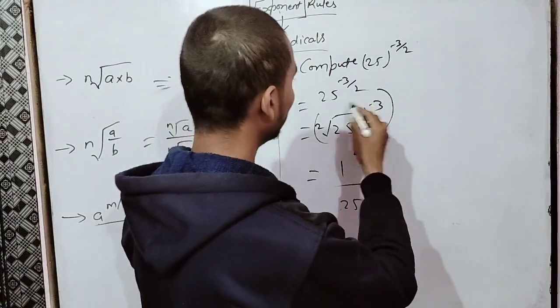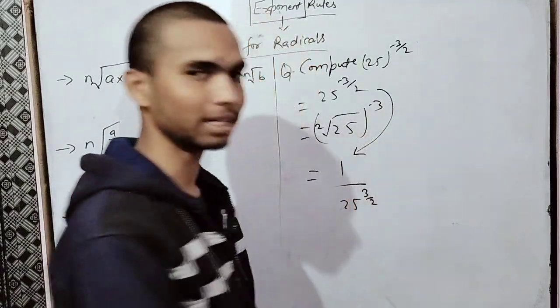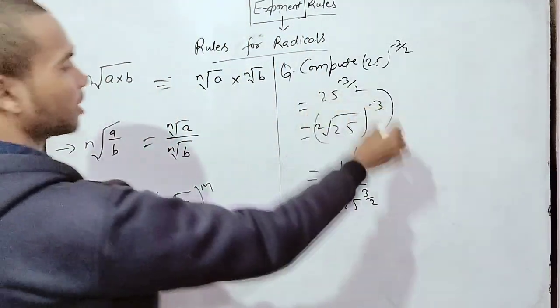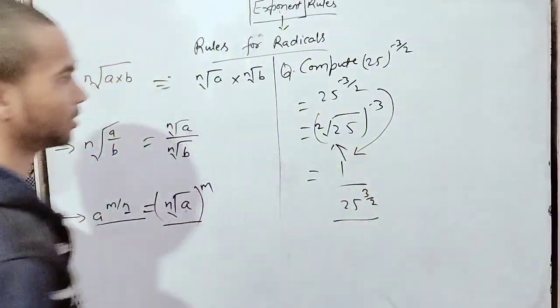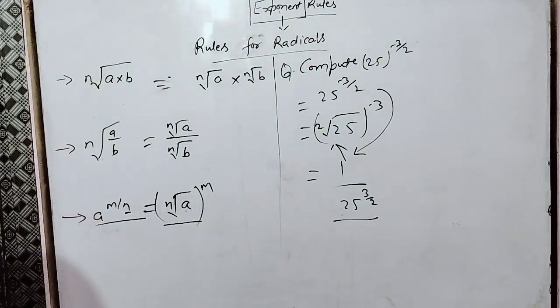Clear? So here it will be written like that. It can be written like that, and like that. Clear? Clear with me? This is an equation for practice, and we saw it.